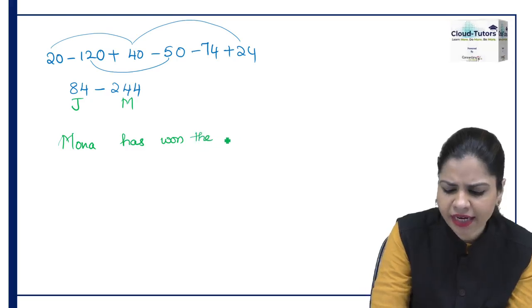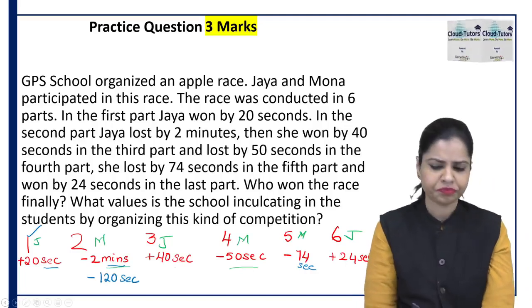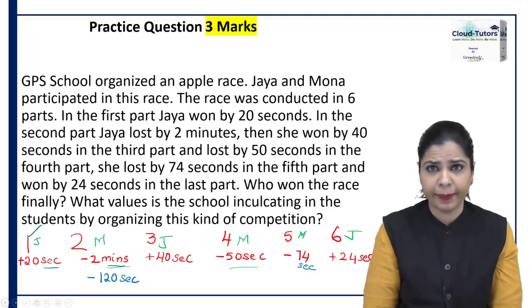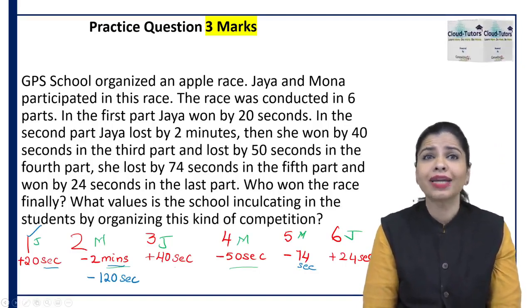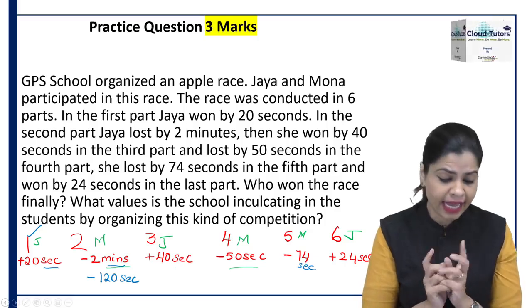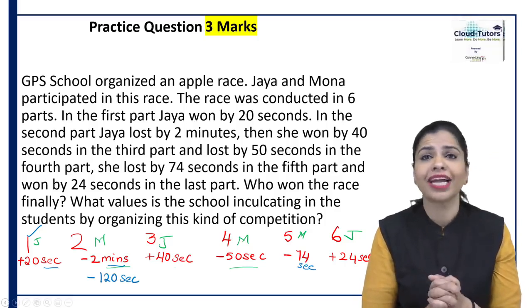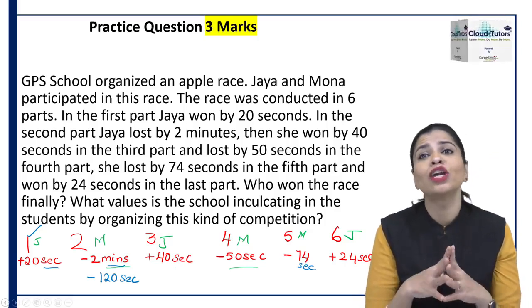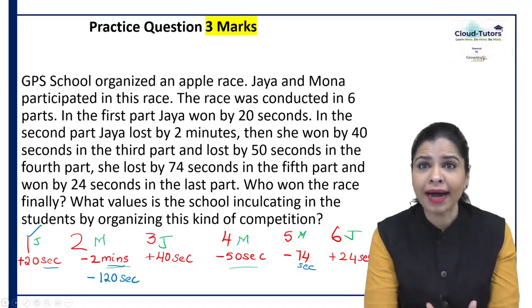So by conducting this kind of race in the school, what is the school trying to say? That is the last part, right? What values is the school inculcating in the students by organizing this kind of competition? The school is trying to inculcate competitiveness, to take part, right?